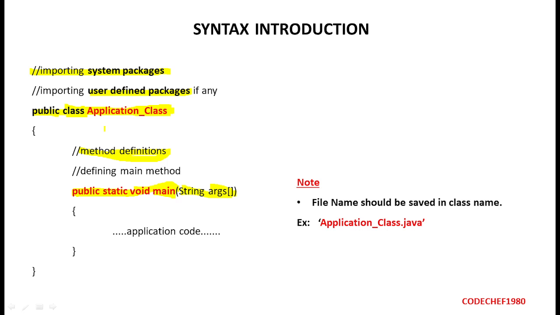Here the main function is given in a class, so do we have to create an object for the application class to call the main function? You know that in C or C++, the main function is automatically called by the compiler to execute the application code given in the main program.